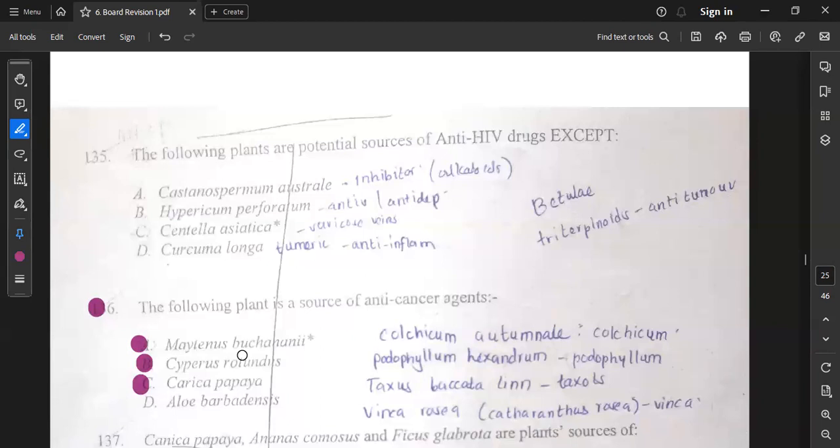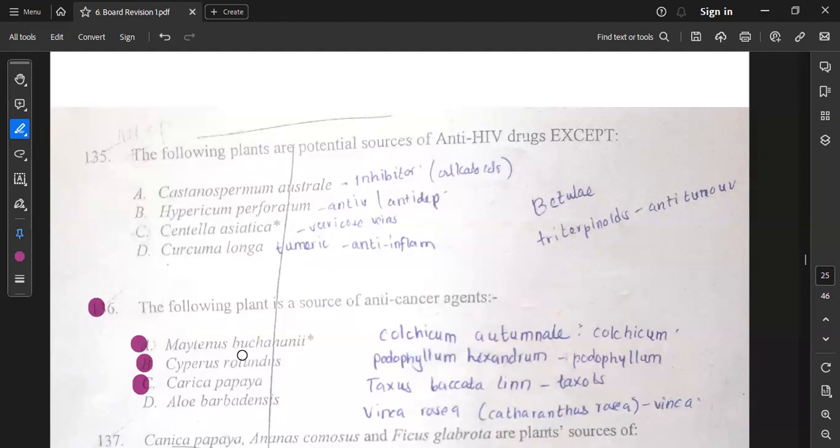Aloe looks odd to me here. I have not seen aloe being used as an anti-cancer agent. Okay, yeah, you can mark that.